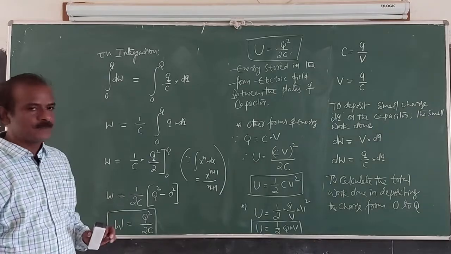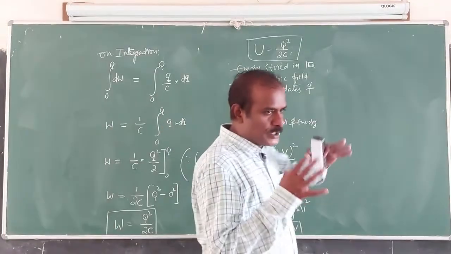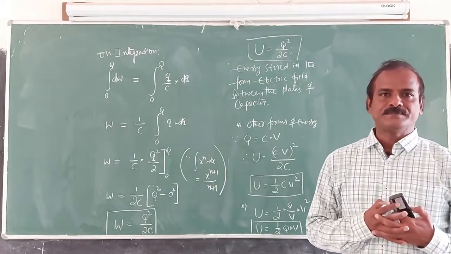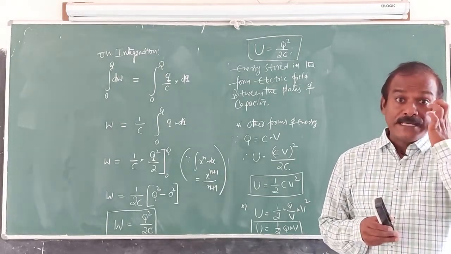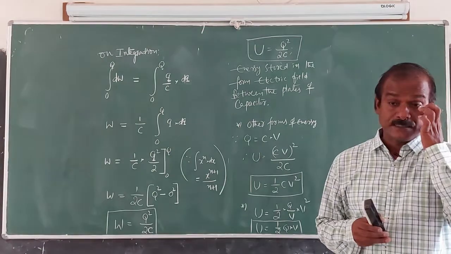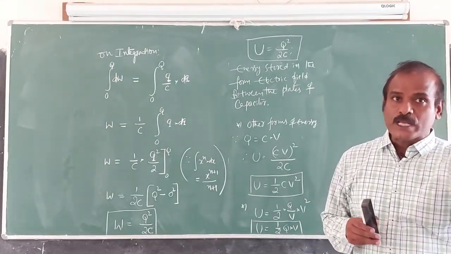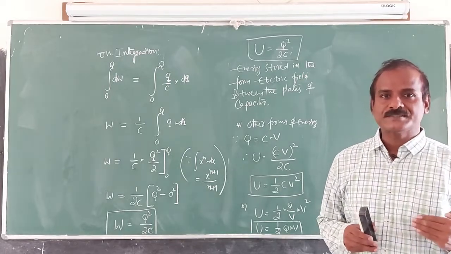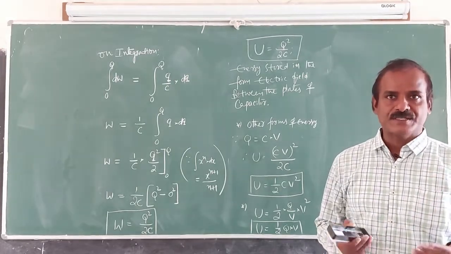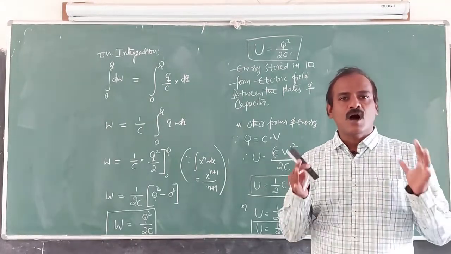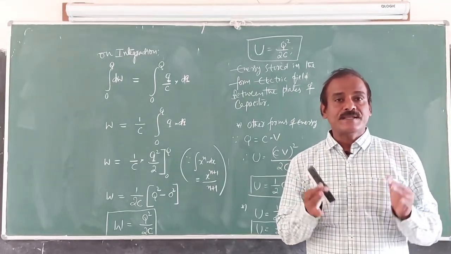Well students, now we proceed further to discuss what is called a combination of capacitors. Remember, we can combine capacitors. Not only one capacitor, we may use two capacitors or three capacitors or many capacitors. And while using two or more capacitors, it is important how they are combined, or rather how they are arranged.